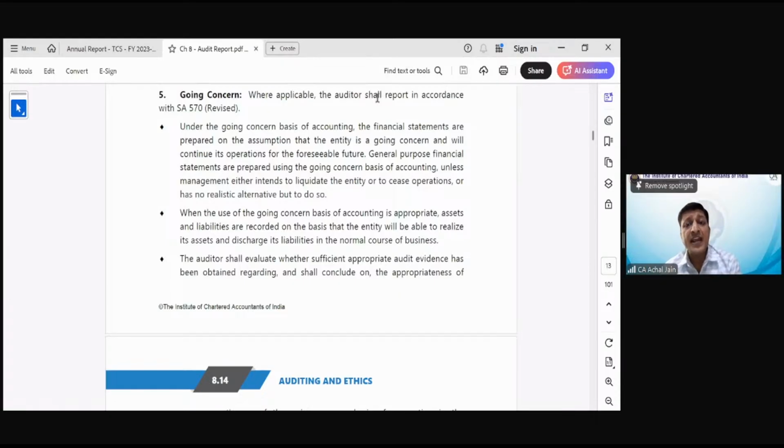In this case, the entity, whether it is able to continue its business for the foreseeable future. So this assessment has to be done by the auditor. Or you can say this assessment of the management needs to be reviewed by the auditor.